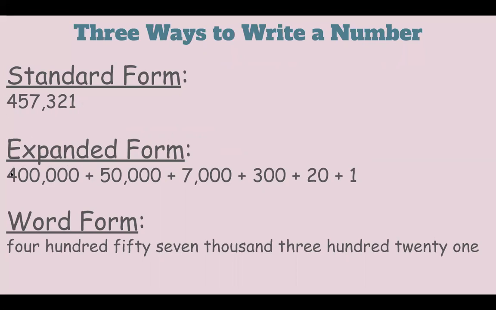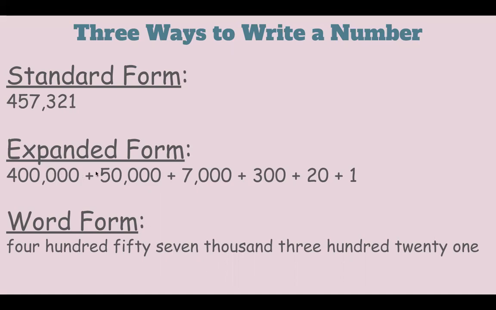Expanded form is that same number, but again, it's broken up into its different place values. So I want to start with the first digit, 4, and everything after becomes a 0. So it's 400,000. And notice with expanded form, it's important that you put a plus sign in between each of the numbers, because when you're expanding it, you're kind of stretching the number into its different parts.